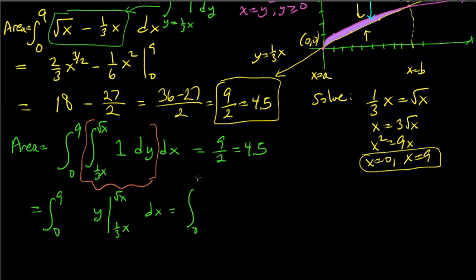So we would write that out as the square root of x minus 1/3 x. And then you would integrate with respect to x. And that's the integral we just did, from 0 to 9. We got 9 over 2, or 4.5.